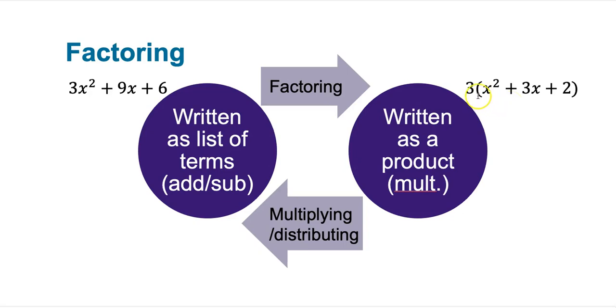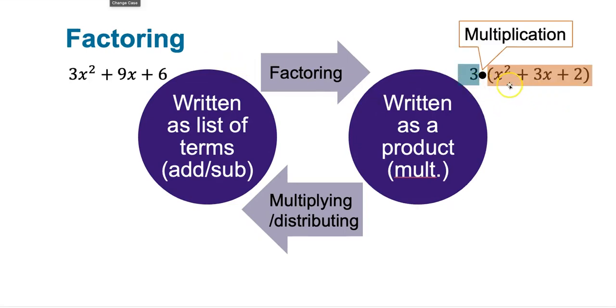It's written as the product of two algebraic expressions, the product of this times this. Now, you may notice there's addition and subtraction inside of the second factor, but that's at the next level. The first level that you come to is this multiplied by this. So this is written as the product of two algebraic expressions.